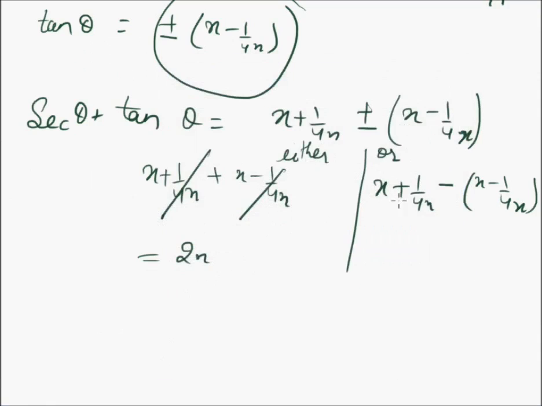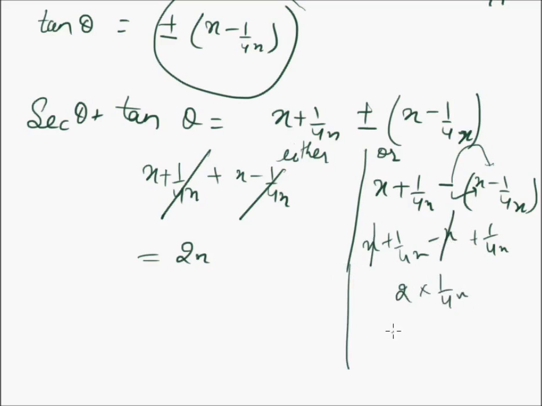Whereas in the second part, when the negative sign is brought in and the brackets are opened, we will have minus of x and minus is plus of 1 by 4x. So this x cancels by minus of x and we have 2 into 1 by 4x, because 1 by 4x is present 2 times.